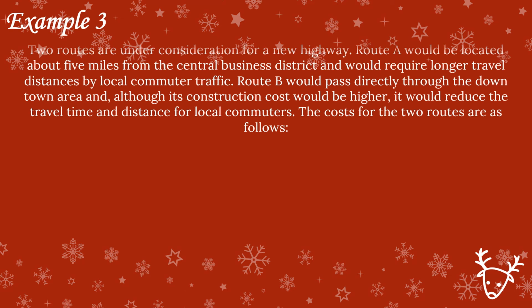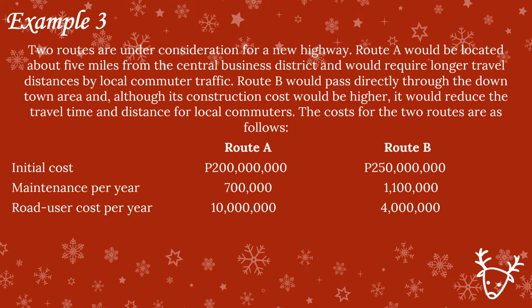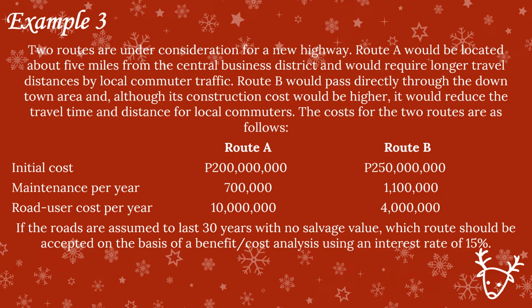So let's have an example. Kanang duha ka alternative. Two routes are under consideration for a new highway. So Route A would be located about 5 miles from the central business district and would require longer travel distances by local commuter traffic.